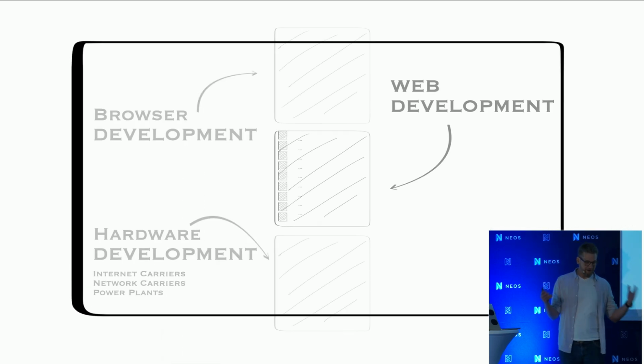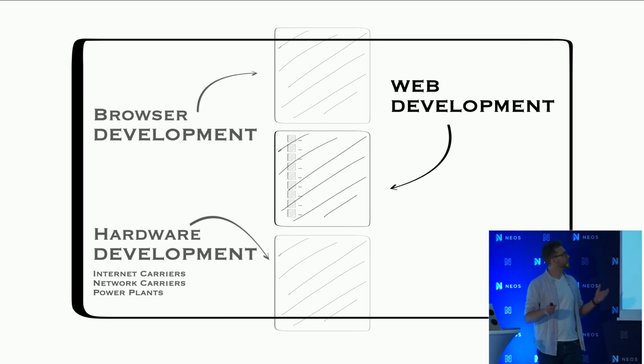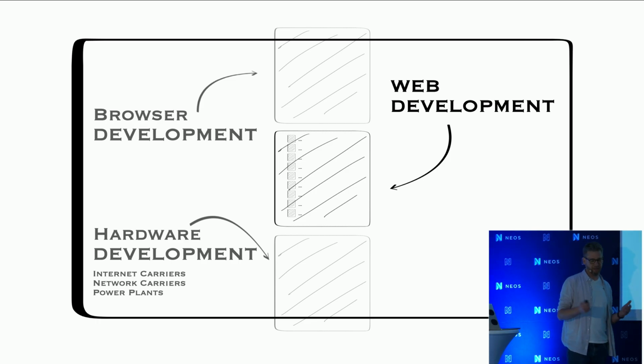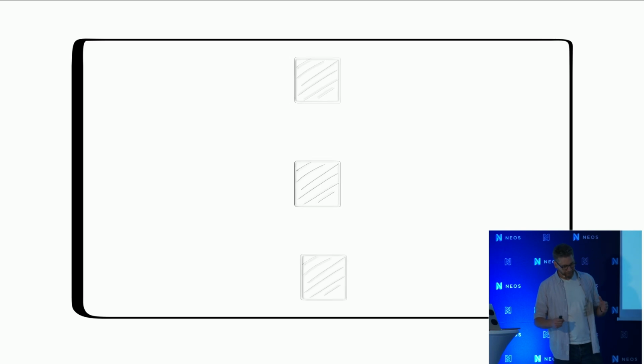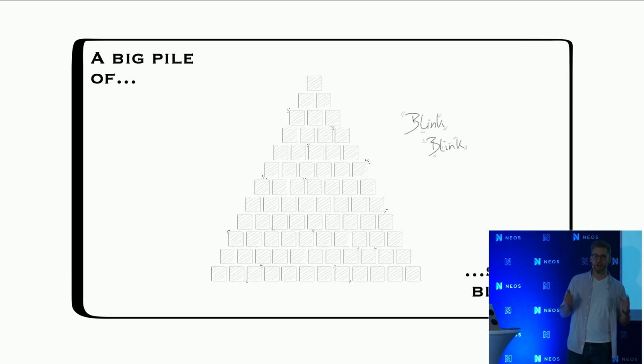But we as web developers often forget there are many other developer ecosystems or context zones or quality zones around. We couldn't do web development without browser development or without hardware development. We couldn't deliver a website without internet carriers, and so on and so on. And this actually leads to a very, very big pile of shiny blocks.